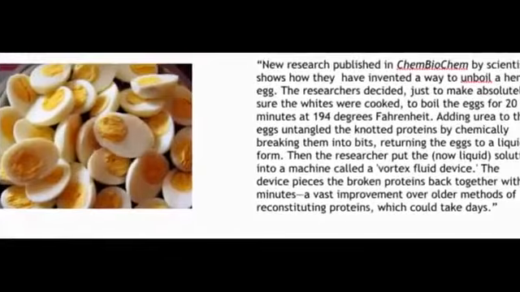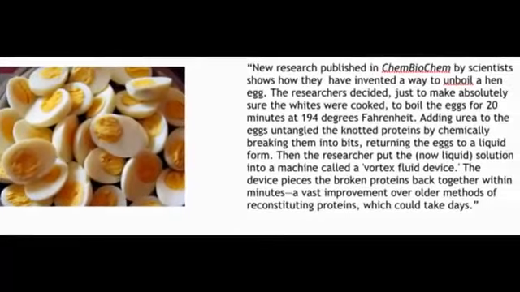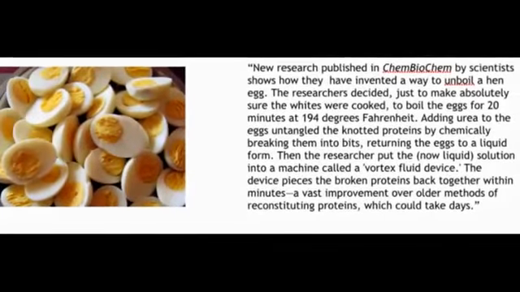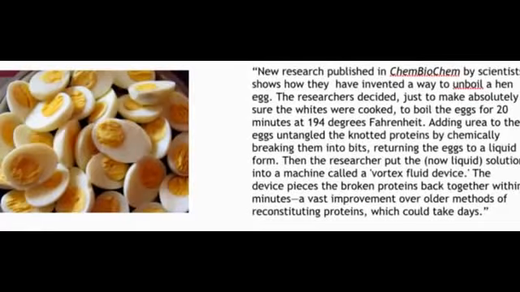The next slide is again information from that week, which is really interesting because it is controversial. Different kinds of scientists managed to unboil a boiled egg.